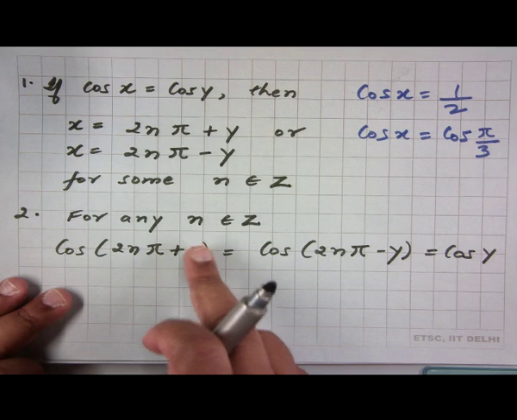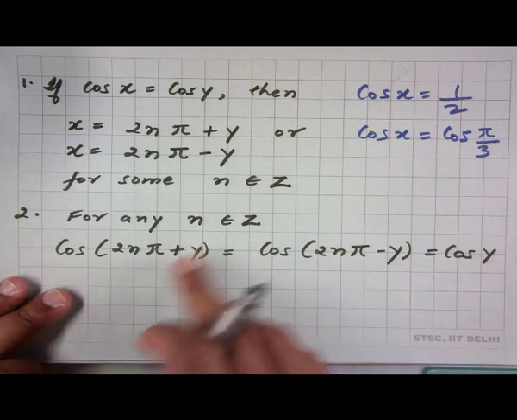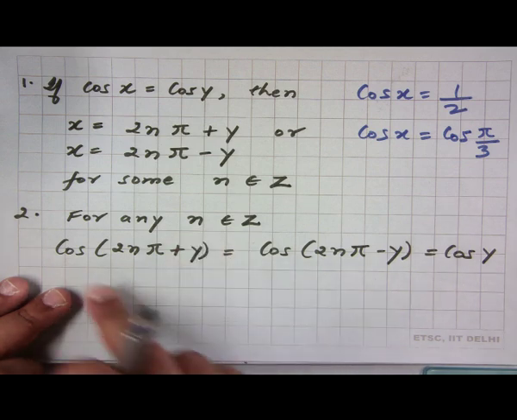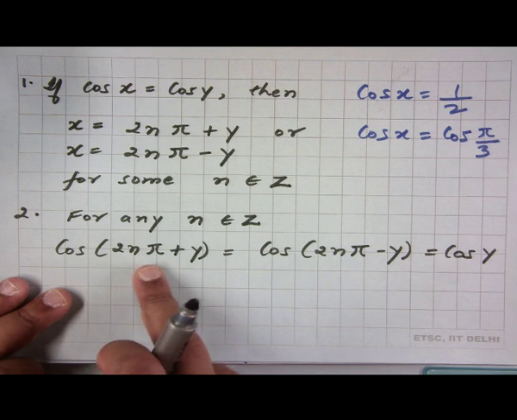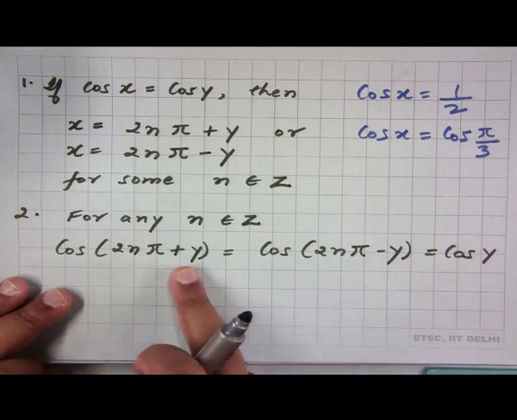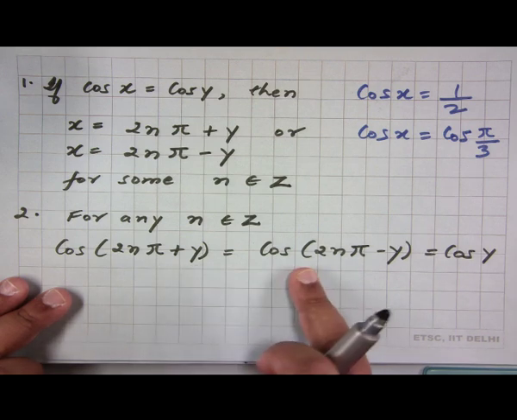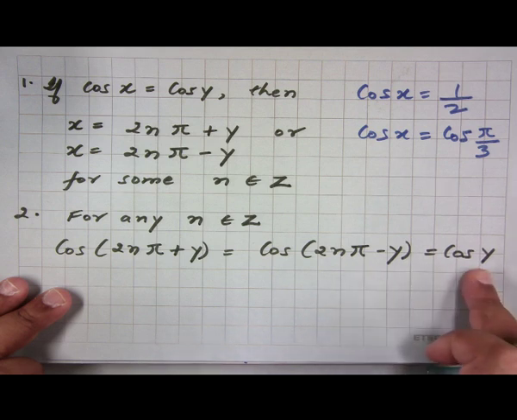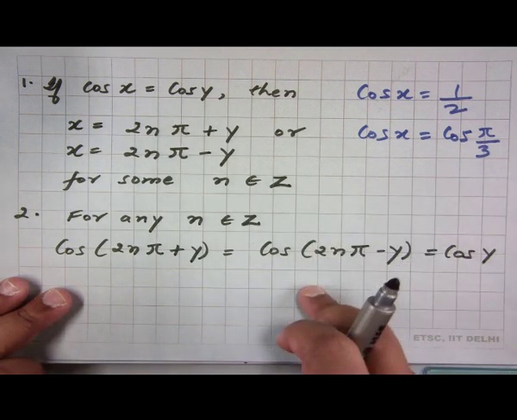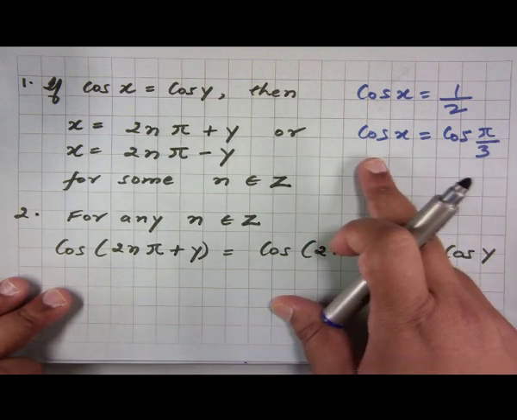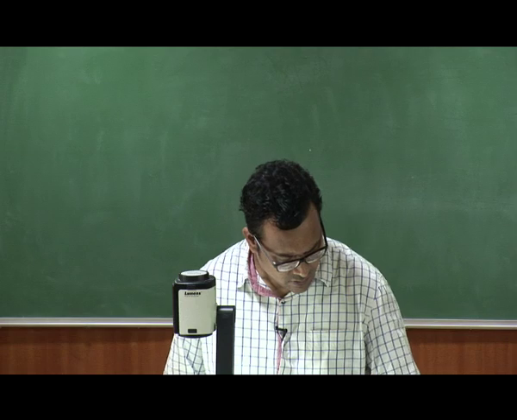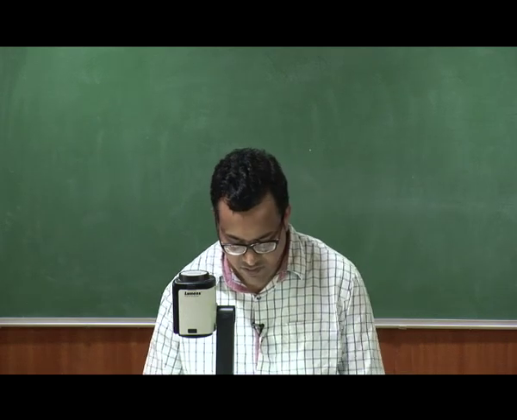Similarly, we will also show that for all integer n, cos of 2n pi plus y is equal to cos of 2n pi minus y, which is also equal to cos of y. So, these two are going to help us to find the general solution to equations of the type cos x equal to something. So, we will start with showing that.